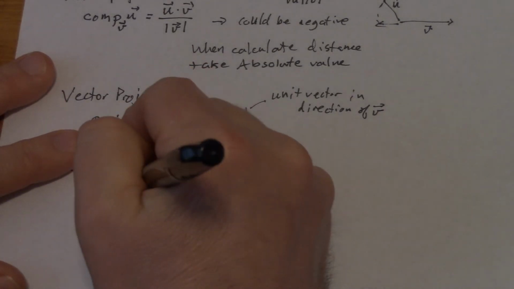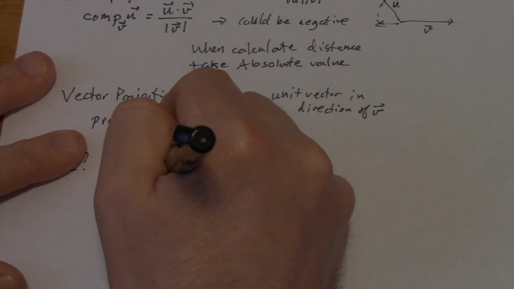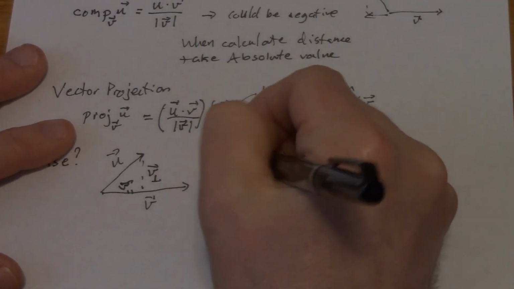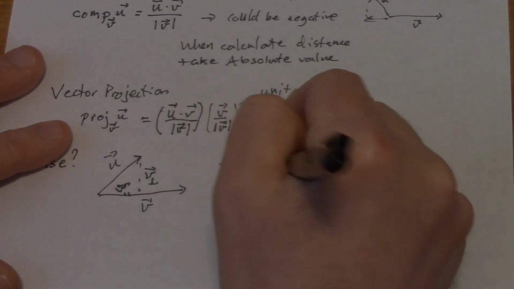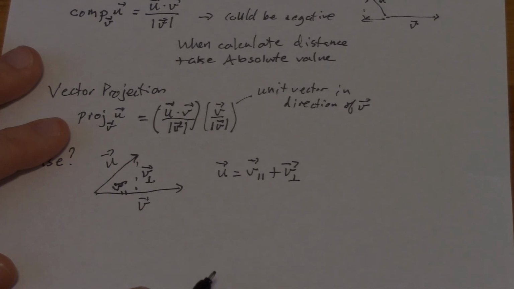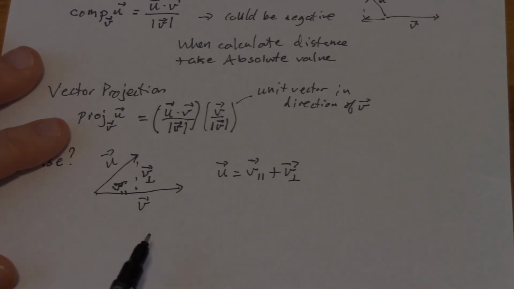So a linear combination of these. So this vector here would be the parallel vector, and this vector here would be the perpendicular vector. And the relationship we get is that u is v parallel plus v perpendicular. Okay? And that comes in handy when you want to break things into components in terms of another vector.